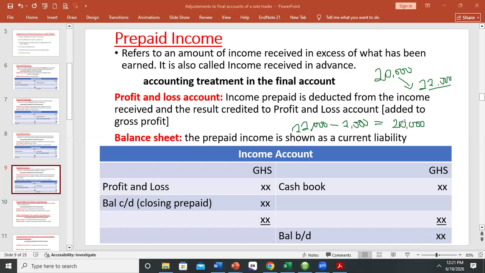So this is what we mean when we say any income prepaid is deducted from the income received. And in the balance sheet, it is shown as a current liability. It is a liability because the school cannot claim the 2,000 as theirs. It belongs to the student because that 2,000 is not for the term that has been completed.